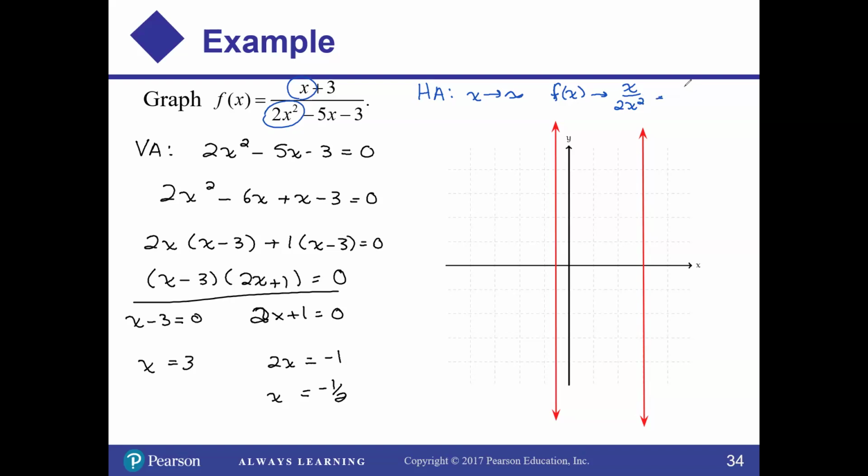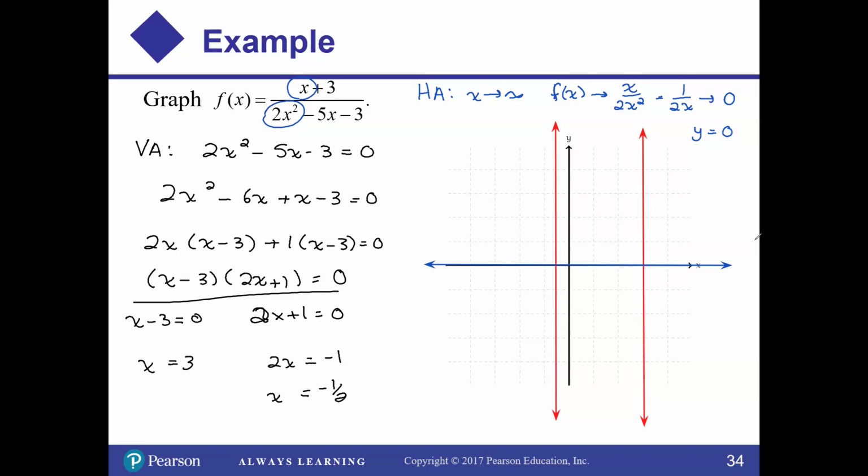Well, that can be simplified to 1 over 2x. Since x is on the bottom growing bigger and bigger, this fraction is getting smaller and smaller. This is heading towards 0. So I should not be crossing my x-axis at all. So my horizontal asymptote is y equals 0.